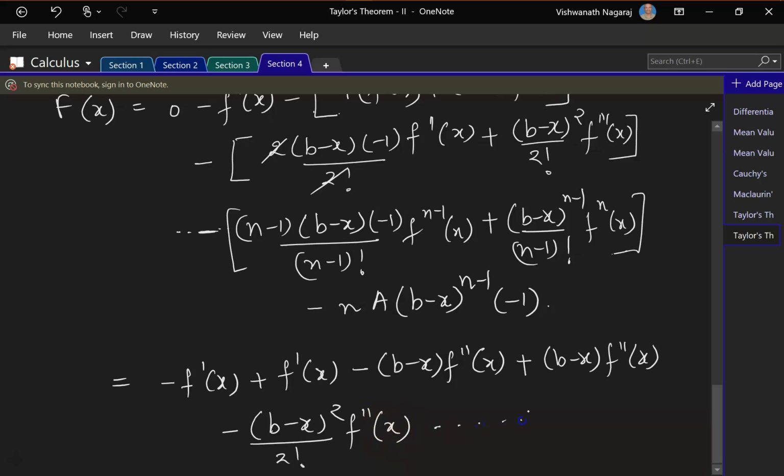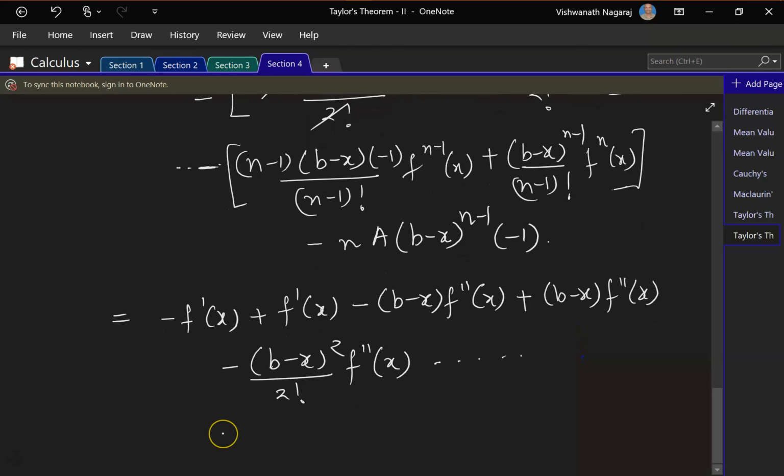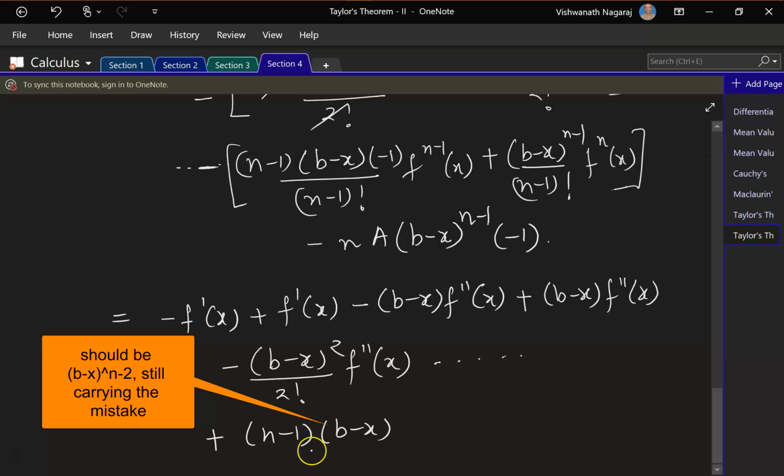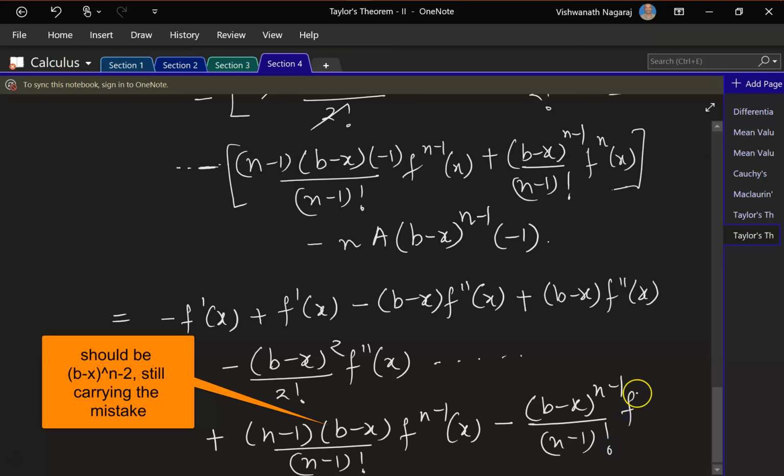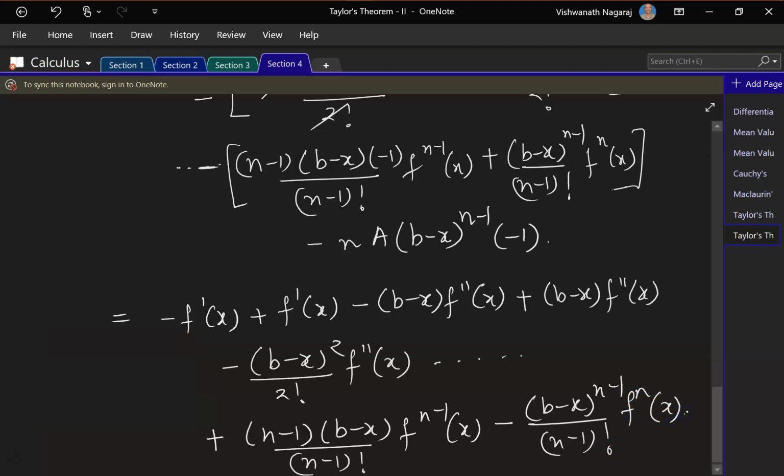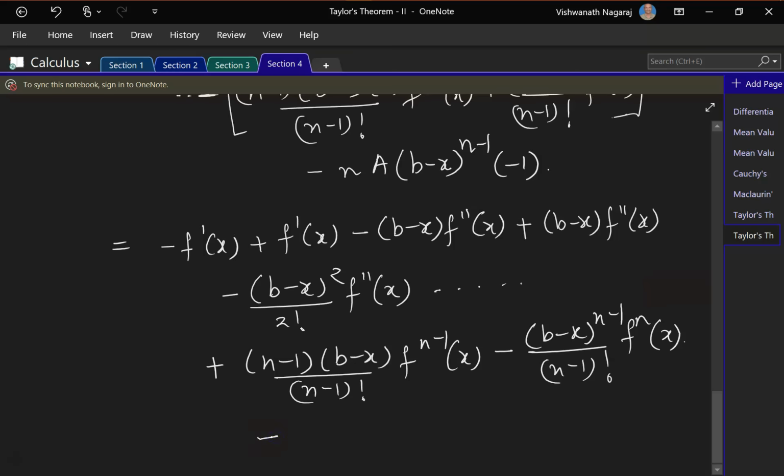We'll keep on going, and then we will have minus into minus plus n minus 1 b minus x by n minus 1 factorial f n minus 1 x minus b minus x n minus 1 by n minus 1 factorial times nth derivative of f of x, and finally minus into minus plus n a b minus x to the power of n minus 1.